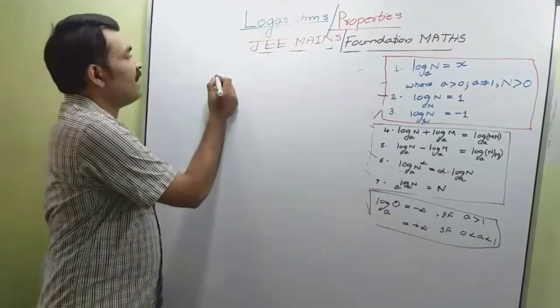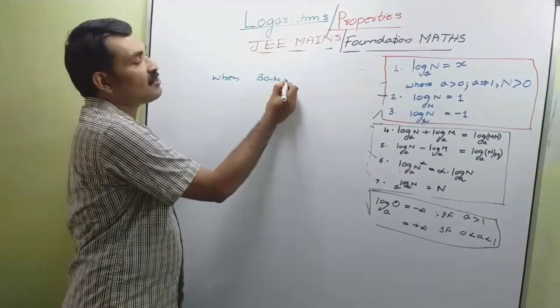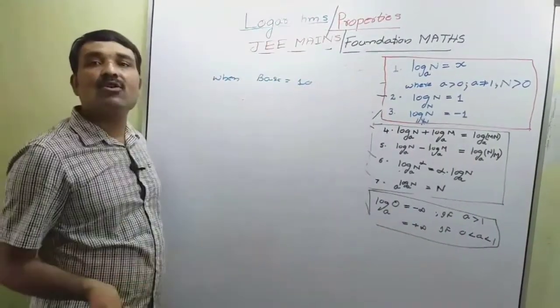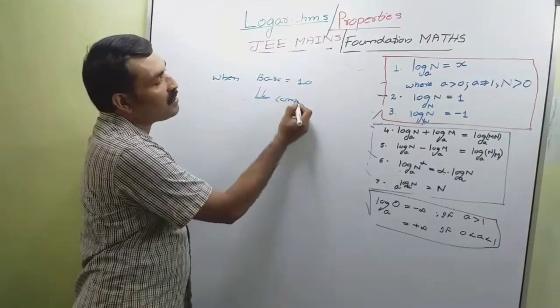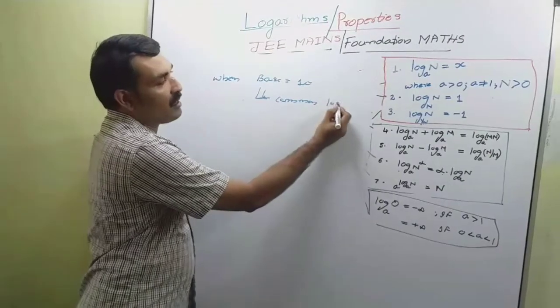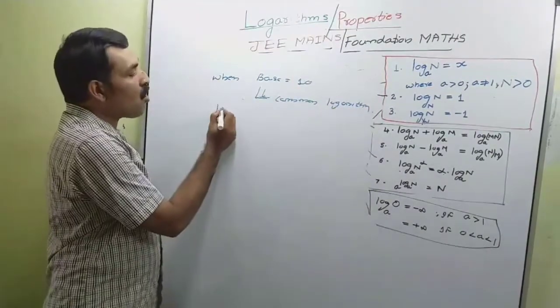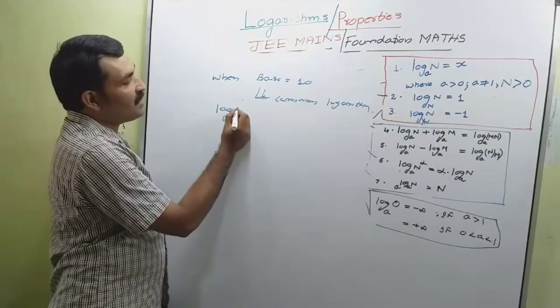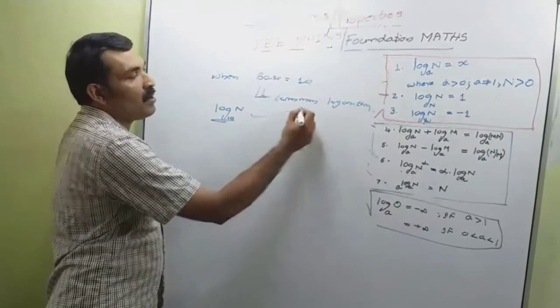Okay, when the base is equal to 10, then it is called common logarithm, that is log n to the base 10. This is our common logarithm.